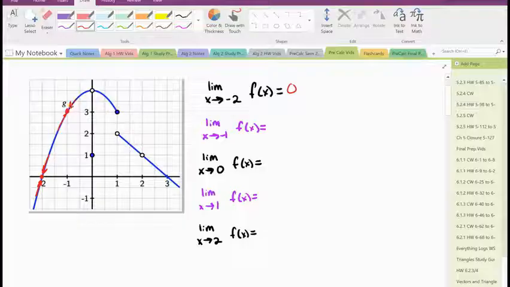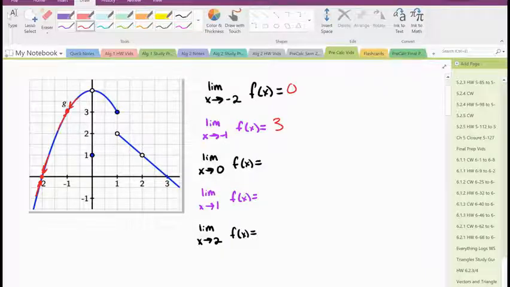The right side is now coming down and pointing at that point. Both the left and the right side are coming in and pointing at the y value of 3. So the idea of a limit is we're really looking at both sides of this x value. As we approach that value, what's the y value?